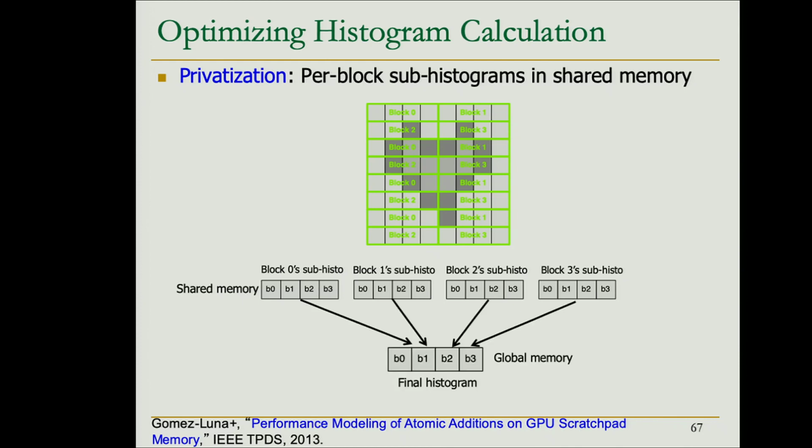When I'm done creating these subhistograms, I merge them into a final histogram in global memory. And this is a reduction. Recall the reduction, you already know how to do very efficient reduction, what we have seen before. So this is a way of alleviating the cost of these atomic operations.